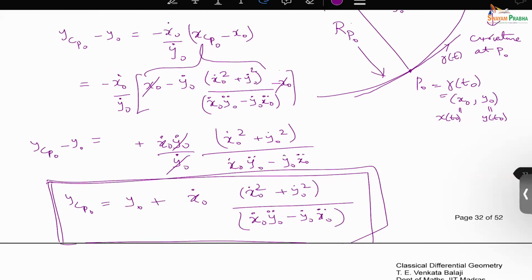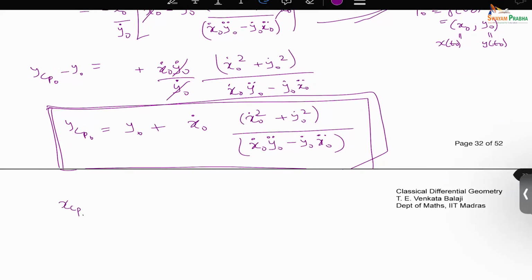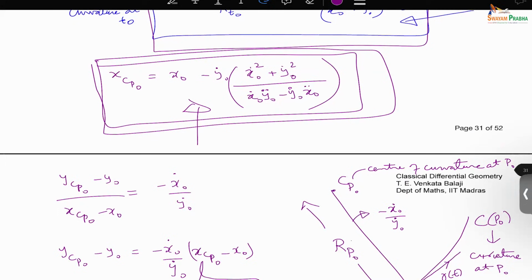Now I want to write this out in vector form and compare it with the equation that you got from the triangle law of addition. That is what will give you the radius of curvature. So put these two together, x_cp naught and y_cp naught, side by side.